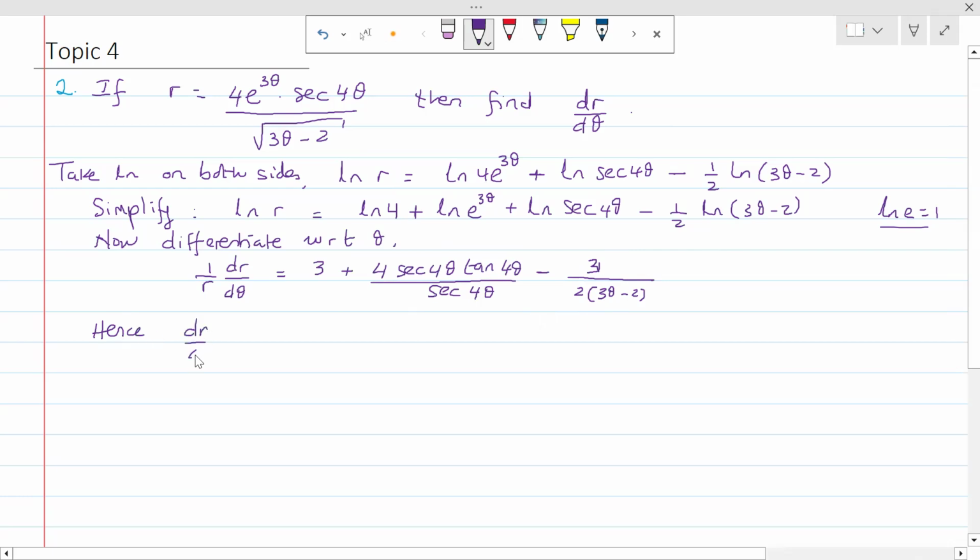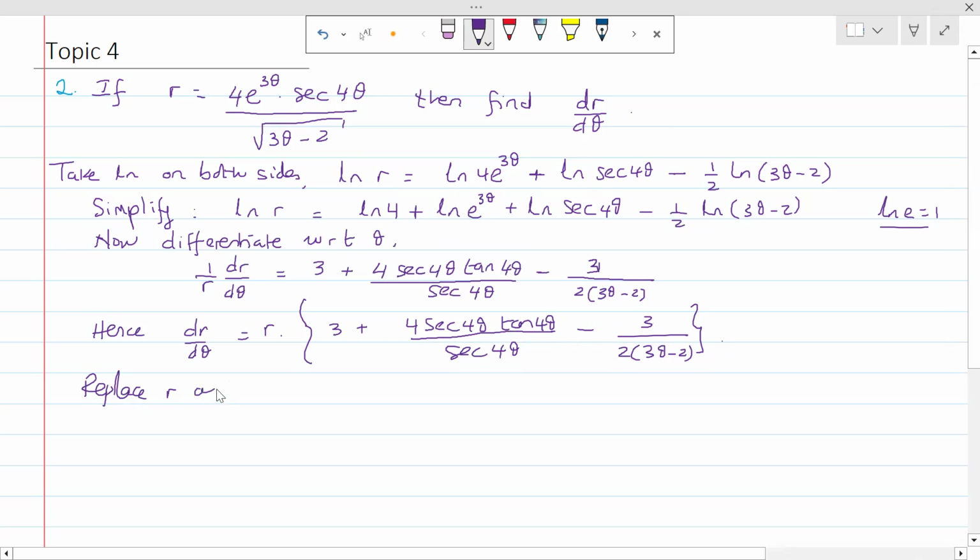Hence, dr by dθ, I'm going to multiply the r here. I bring it on this side. Then I'm going to write it as... So again, we can replace r as given above and get dr over dθ.